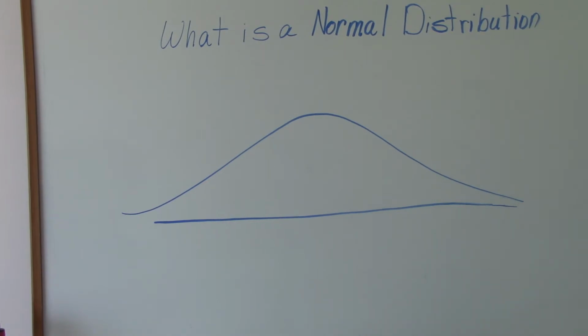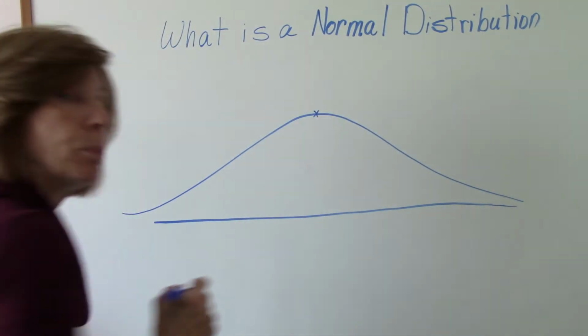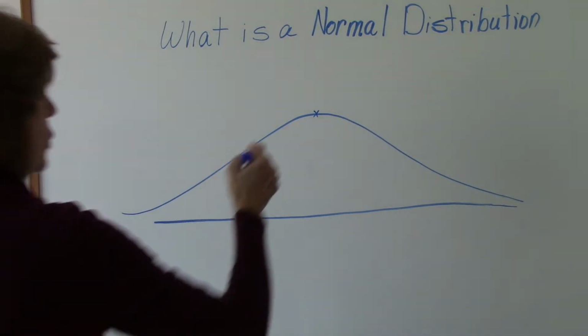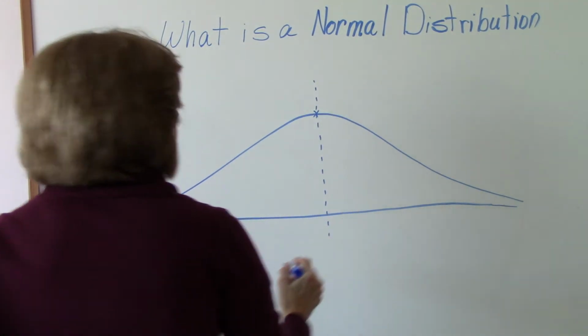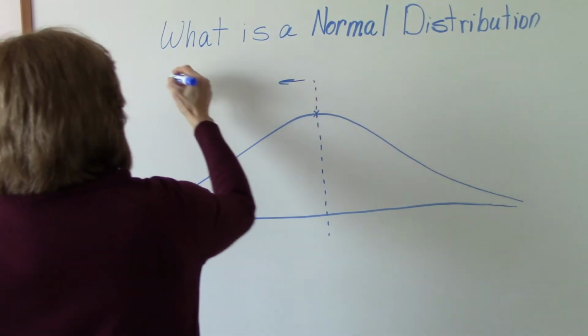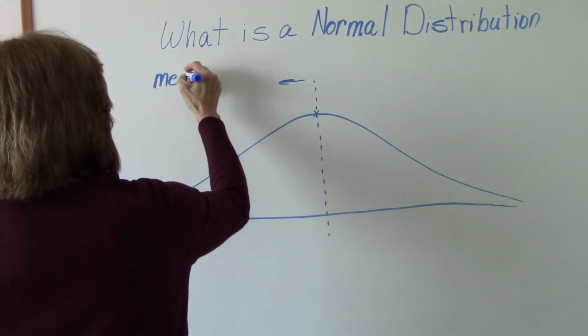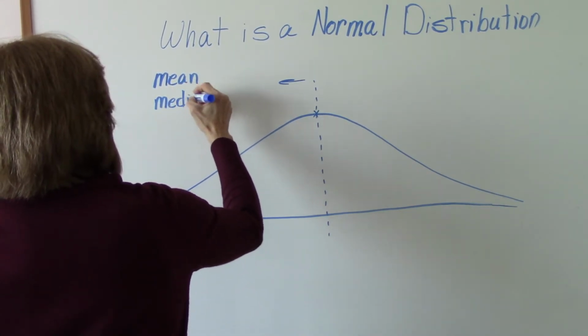What happens with a normal distribution is the high point, the max point on the curve, is going to be a combination of your mean, your median, and your mode.